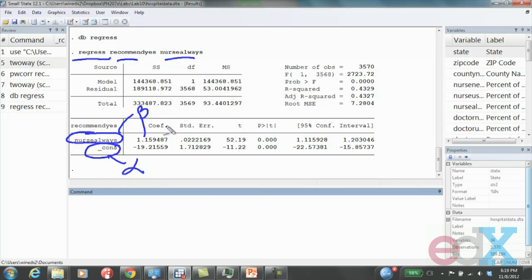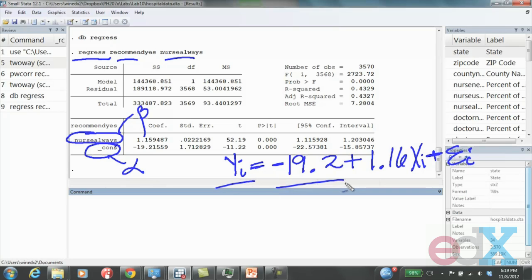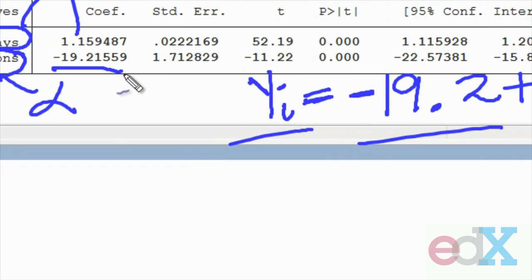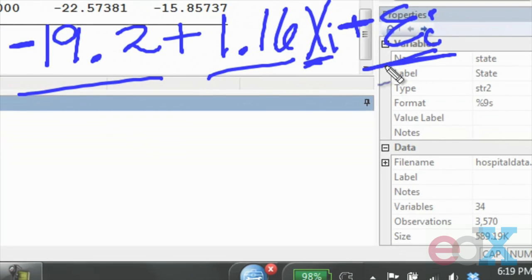So using all of these pieces of the puzzle, I can write down my fitted regression line as yi is equal to my constant alpha, negative 19.2, plus beta, which we saw as 1.16, times the covariate value plus some residual error.